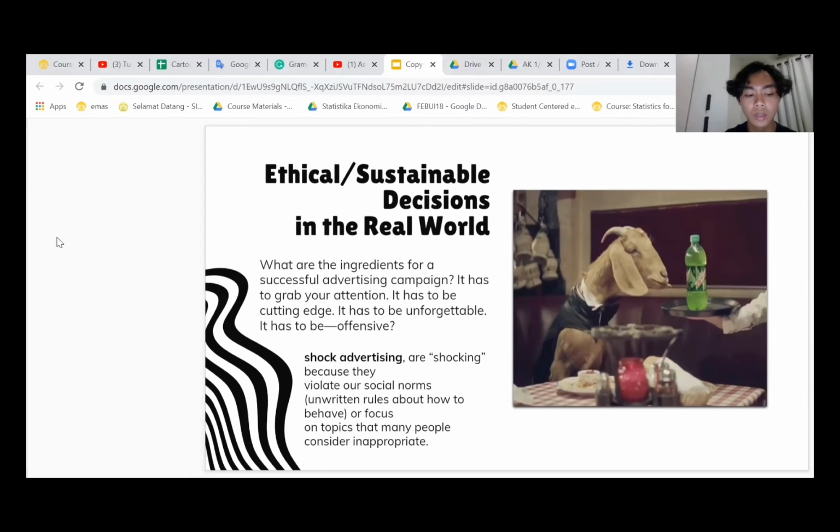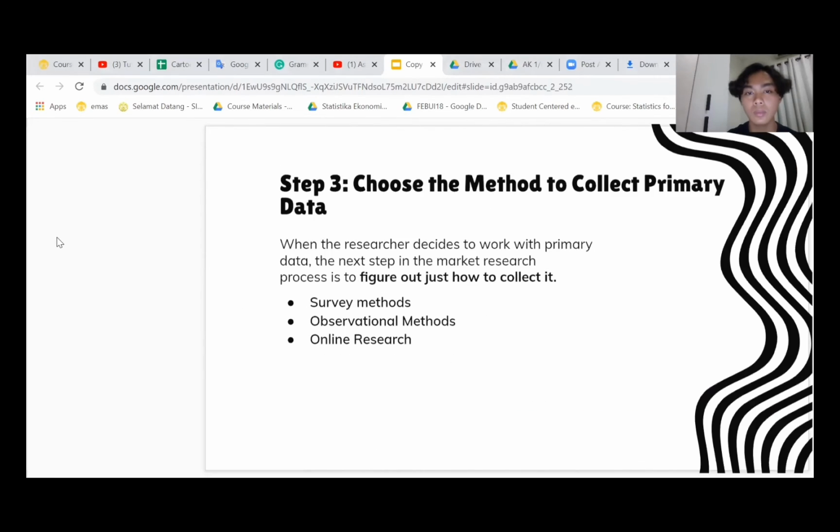Over the years, advertising agencies have pushed the boundaries of decency in an effort to get more eyeballs. These ads, also known as shock advertising, are shocking because they violate our social norms or focus on topics that many people consider inappropriate.